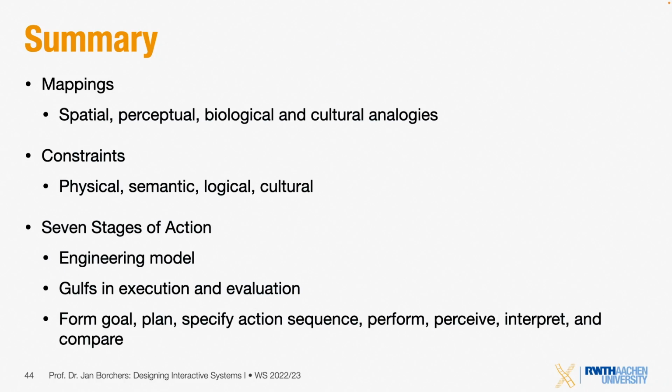So they're engineering models. We especially use the 7 stages of action model to identify gulfs, both on the execution side and the evaluation side. And when you go through it, you get from the goal to a plan, to specifying an action sequence, to performing it, to then perceive the results, interpret them, and compare them to where you want it to go.